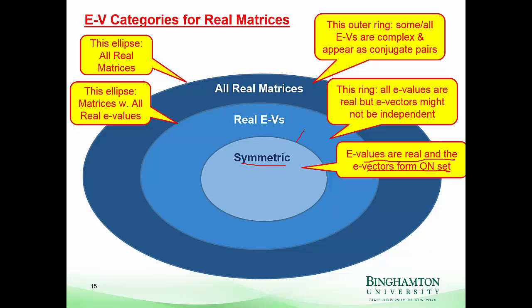So in the ring outside there, but not any further out than here, we've got eigenvalues that are definitely real, but the eigenvectors might not be independent. Now remember, there are some that aren't symmetric that have independent eigenvectors, but there's certainly going to be some out there that have dependent eigenvectors.